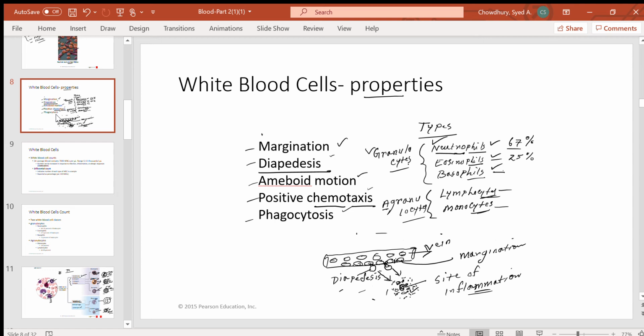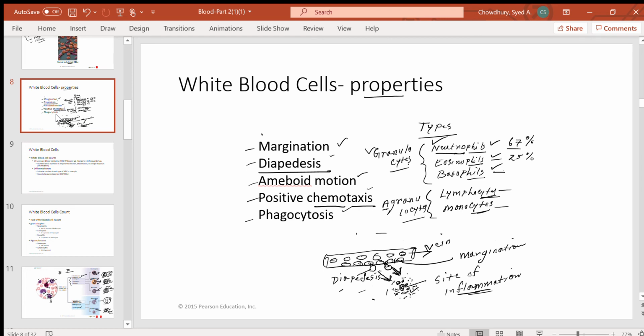So by that positive chemotaxis, the white blood cells will move towards the site of inflammation. In some cases in your body, the chemicals will repel, telling the other cells don't come here. Okay, so that is called negative chemotaxis, it will repel the cell to save them. In this case, white blood cells will be attracted, that's why positive chemotaxis, chemical attraction.